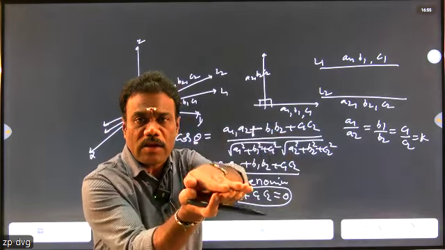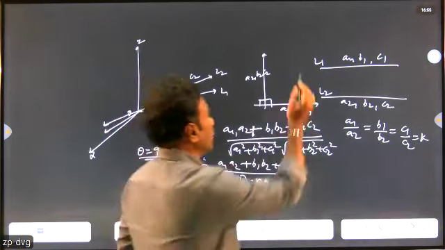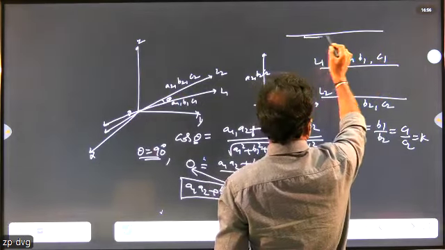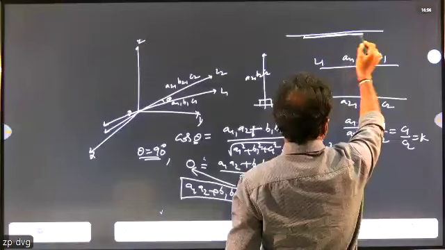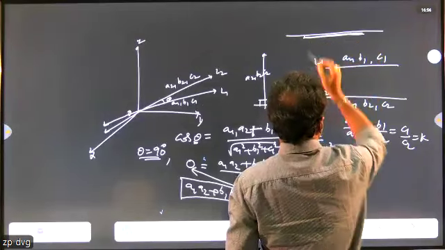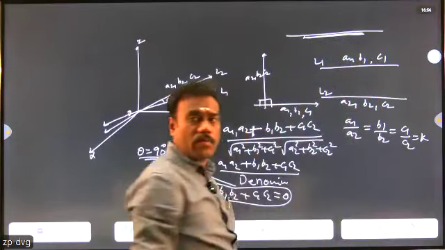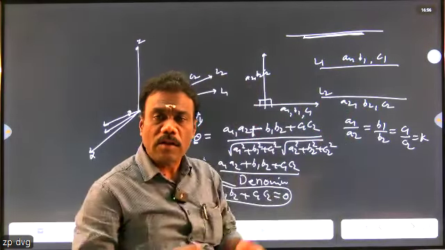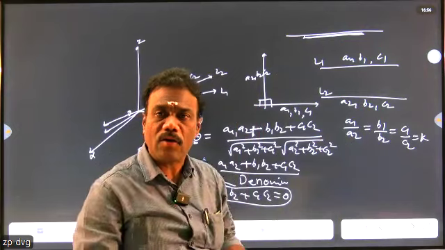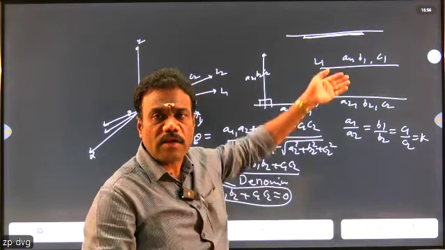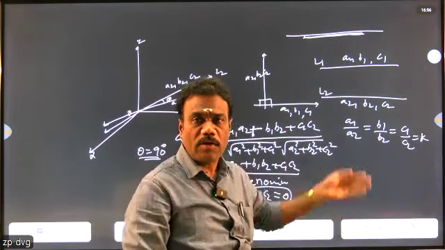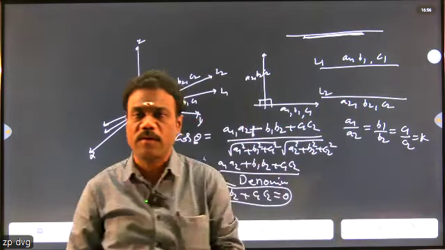On this line L1, if we take another line from here to here, it is L2. If this line has direction ratios A1, B1, C1 and the other has direction ratios A2, B2, C2, then since they are parallel or collinear, the direction ratios are proportional to each other: A1 by A2 equal to B1 by B2 equal to C1 by C2.